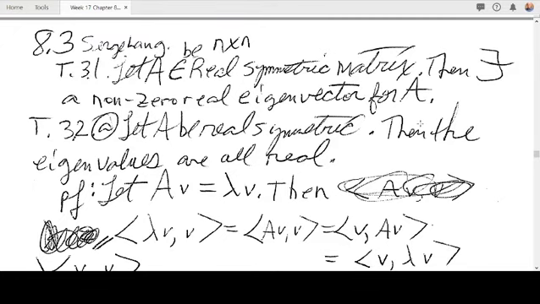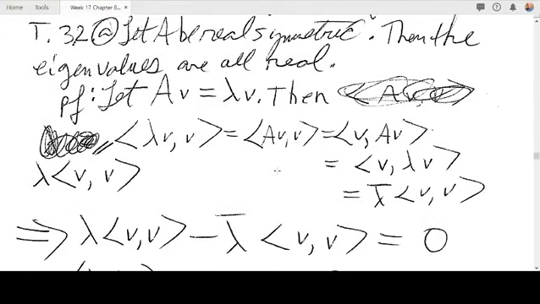The scalar product of lambda V with V is equal to the scalar product of AV with V, and commute that, turn it around, which is the same thing as the scalar product of V with AV, which is the scalar product of V with lambda V. Now remember the fact that if you factor out a scalar on the second component, it would factor out with a complex conjugate, lambda bar. So you get lambda bar times the inner product of V, V.